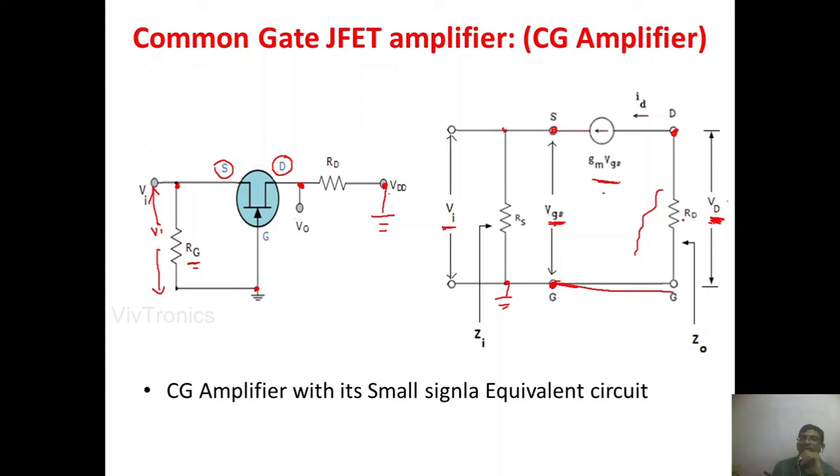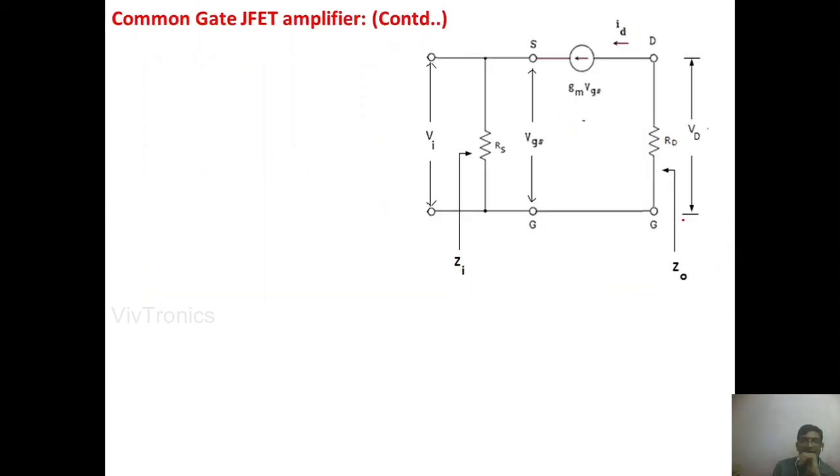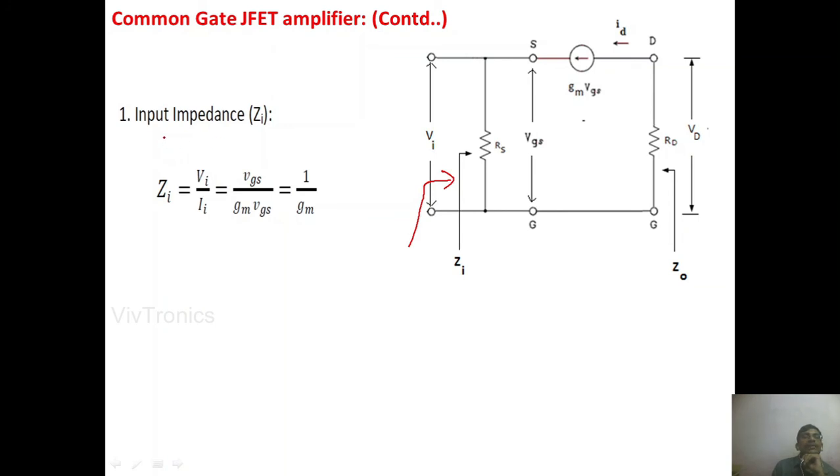Okay, now we need to get the input impedance, output impedance, and the voltage gain of the common gate JFET amplifier. So let us start with the input impedance ZI. So input impedance is the impedance looking into the amplifier, from the input side. So the input impedance ZI is a ratio of input voltage to the input current.